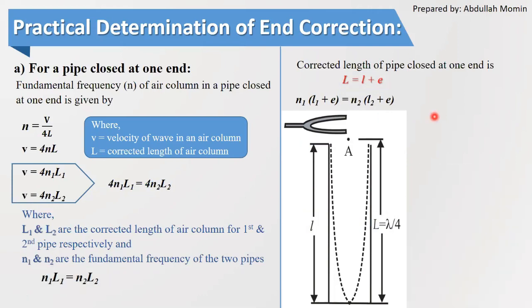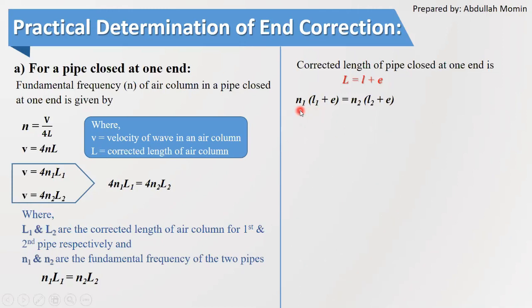Now next, we are going to multiply this N1 with this bracket and N2 with this bracket. So after multiplying N1 with L1 plus E, we will get N1 L1 plus N1 E, and after multiplying N2 with this bracket, we will get N2 L2 plus N2 E. Now we are going to bring this plus N2E to the other side of the equal sign, and it becomes minus N2E.